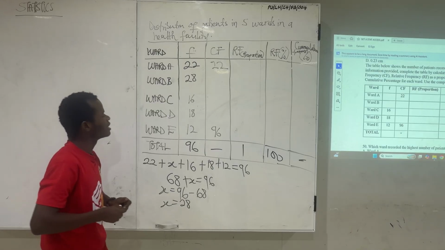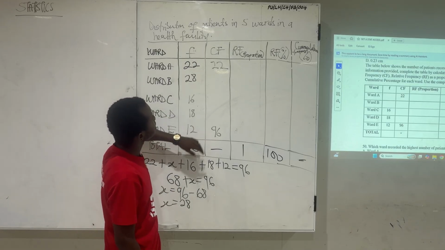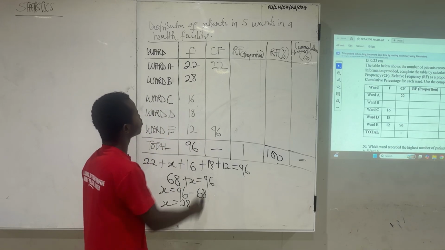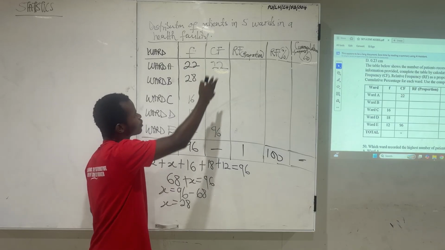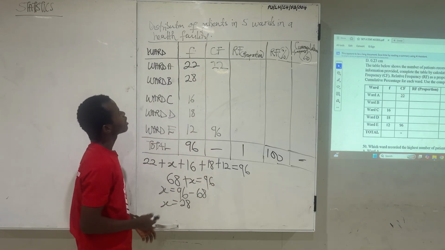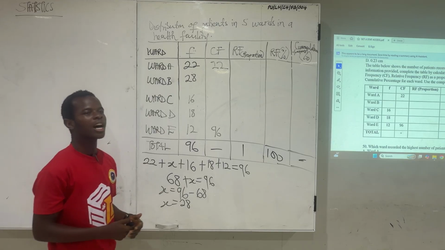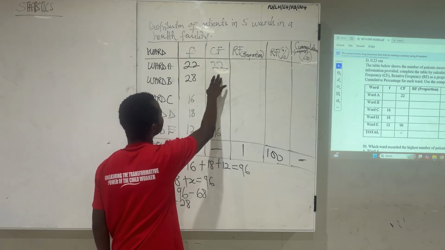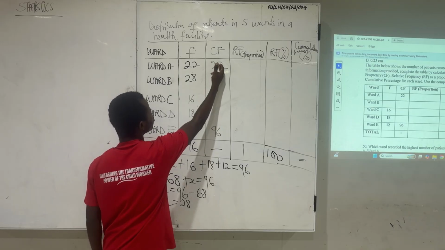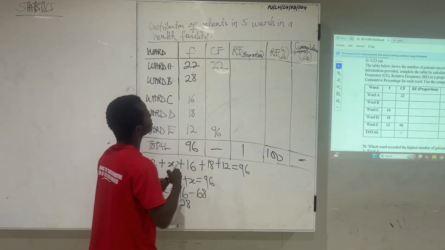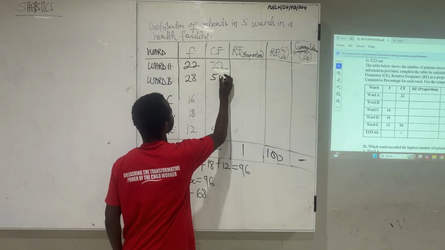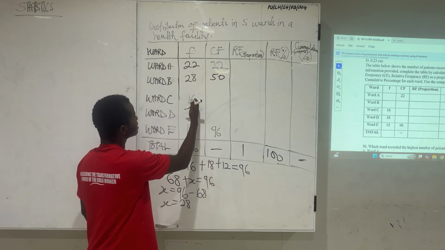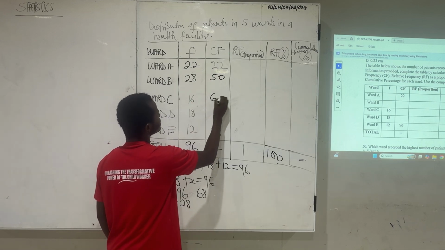Now let's move on to summing up our frequencies to get our cumulative frequencies. Right now, we can go on and apply the diagonal approach. So we have 22 here. To get the cumulative frequency, you add 22 plus 28, which will give us 50. Then 50 plus 16 should give us 66.